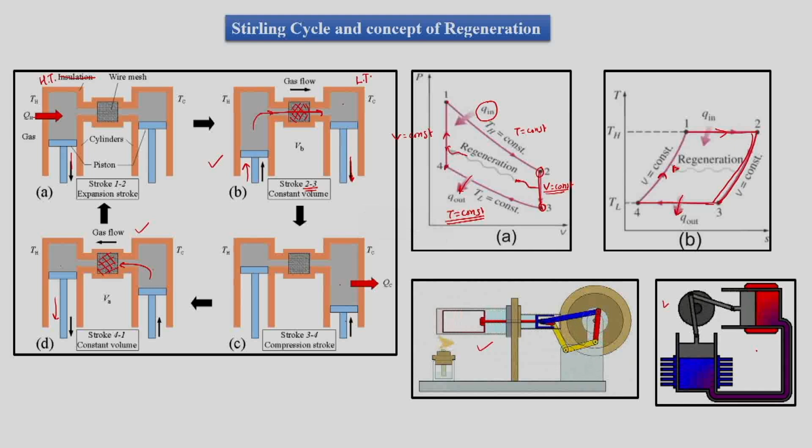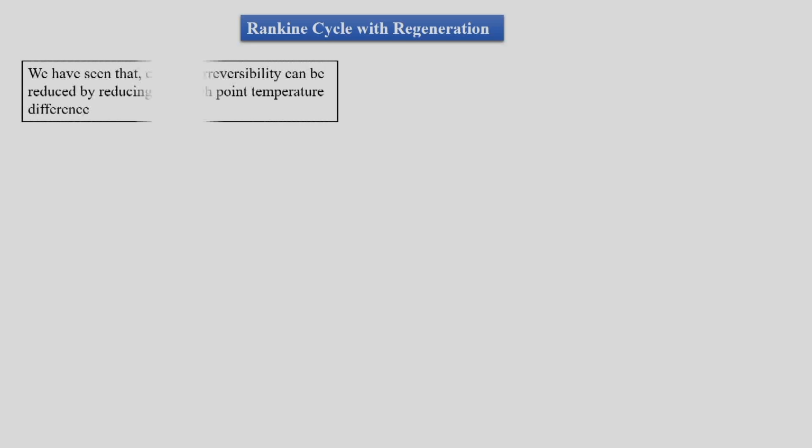Now this concept of heat addition or heat transfer from the system's different parts is translated in the Rankine cycle. So we have seen that it is possible to have heat exchange within the system, but then why is regeneration required? We have seen that external irreversibility can be reduced by reducing the pinch point temperature difference.